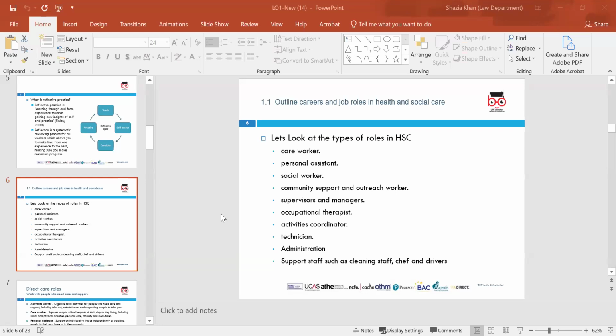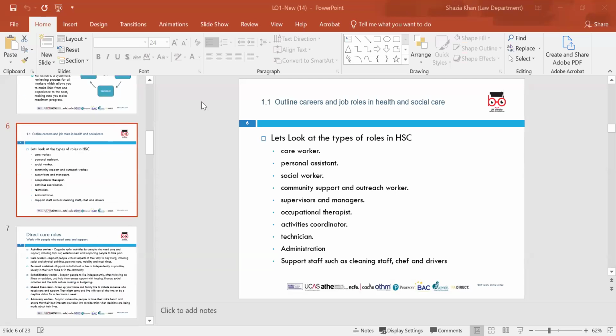So you have a personal assistant that may go out and work in care with an elderly person, and then you may have a healthcare assistant who works in the hospital, may do similar things but works in the hospital rather than going out. It's really important to have these different roles, and we're going to go through each role so that you've got an idea of what these roles are.